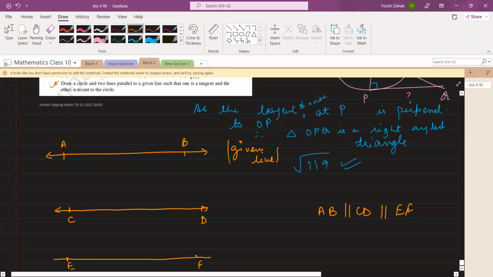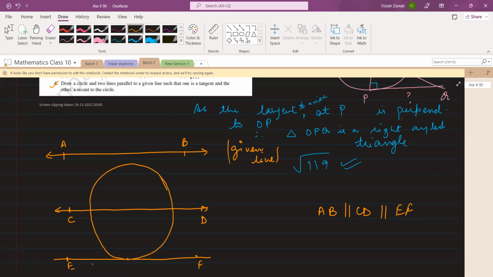Now one line has to be a tangent and the other a secant. So no issues, you draw a circle like this so that one line becomes a tangent and the other becomes a secant. Any problem? You can also pass this through O. There's no issue.